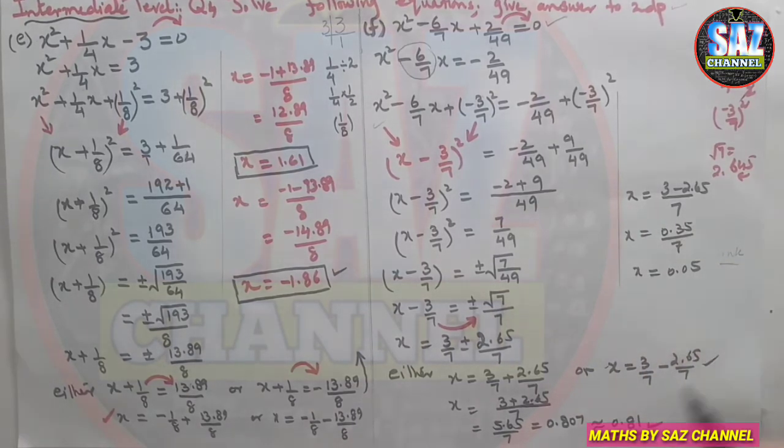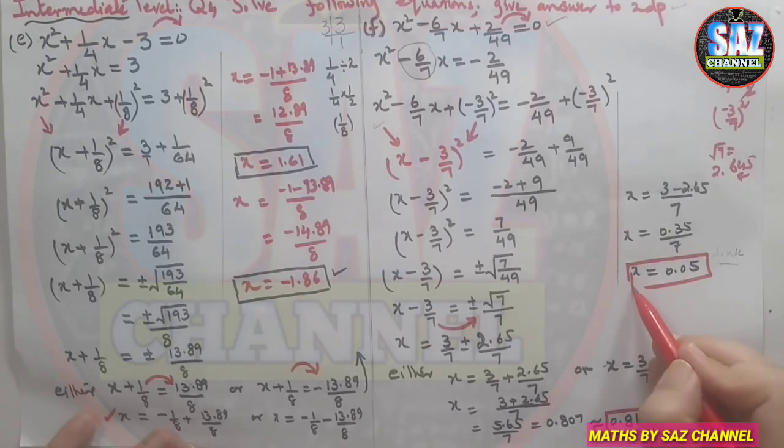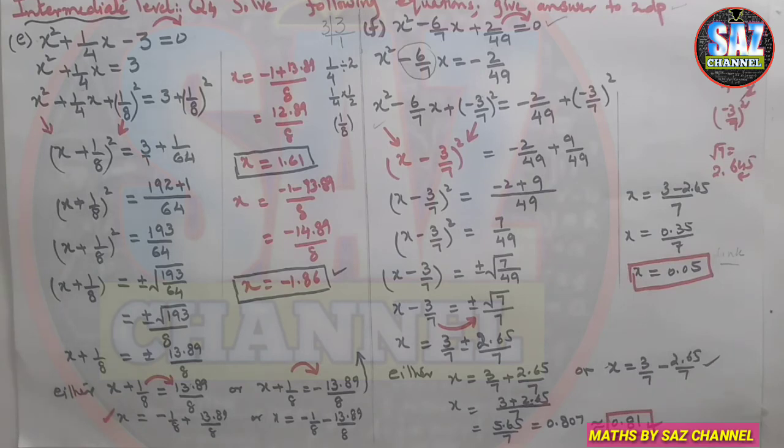So the two roots or two solutions of this equation are x equals 0.81 or x equals 0.05. I hope you are clear about these two questions.